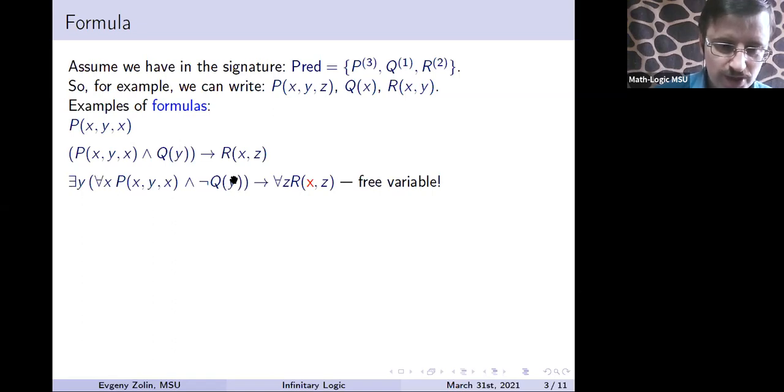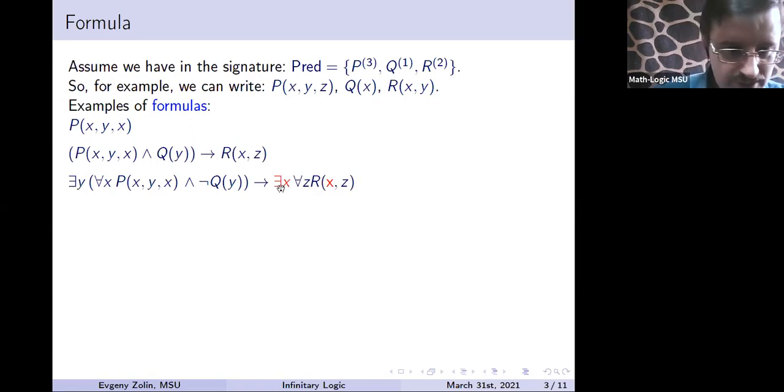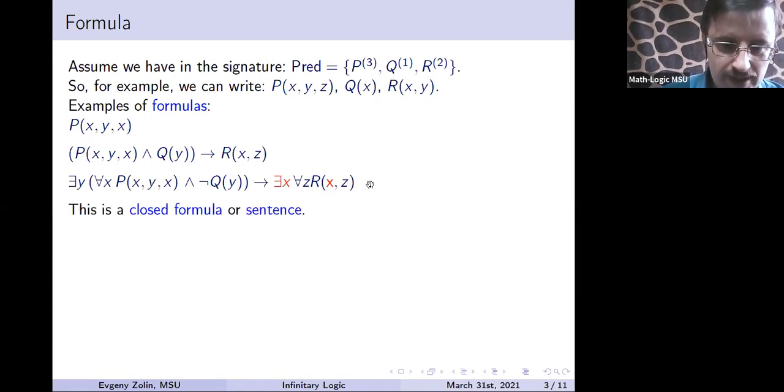This y is a bound variable. This z is a bound variable. And this is a free variable. We can build another formula like this, and then this x becomes a bound variable. And so this formula doesn't have free variables at all. If a formula does not have free variables, it is called a sentence or a closed formula.